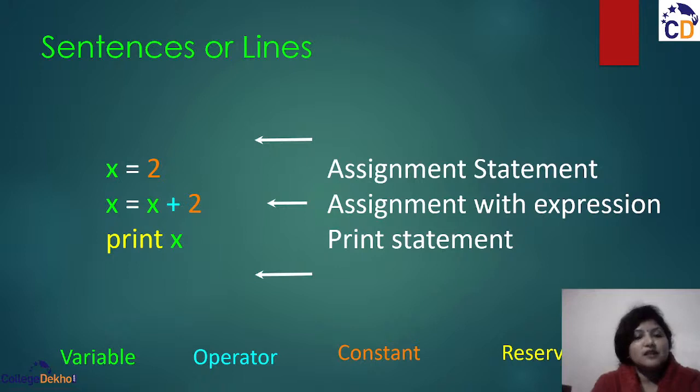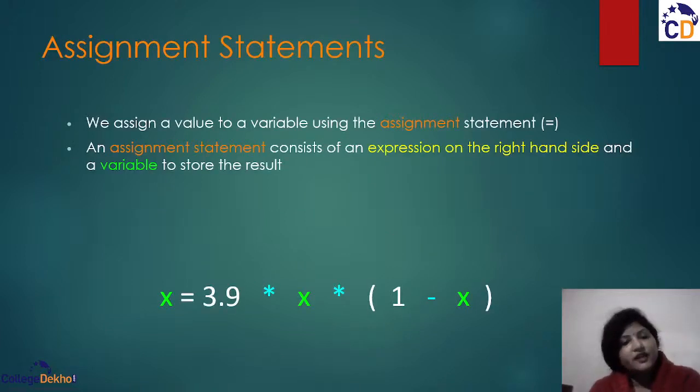So this is an assignment. Equal to is an assignment operator, which basically assigns the value, like 2 is assigned to the variable x. Now x is holding a value that is 2, and we are adding that particular variable with the value 2 again in the second statement, and then we are printing the value of x.